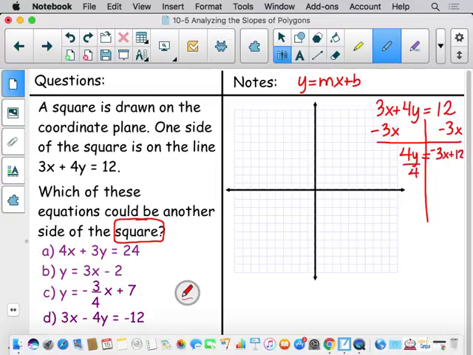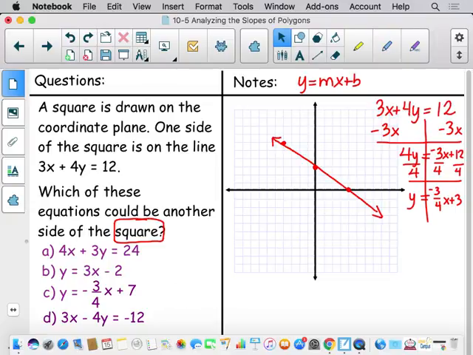Then if I divide everything by 4, I get y equals negative 3/4 x plus 3. So if I go up 3 for my intercept, then use my slope, negative 3/4 is down 3 over 4, right here, or up 3, back 4. So this is one side of my square.